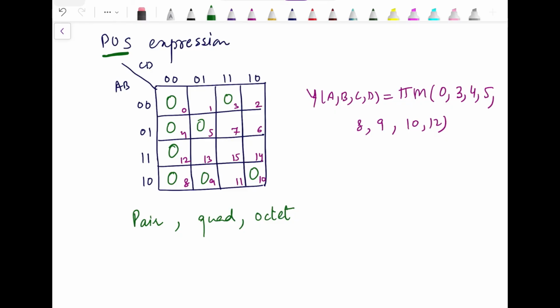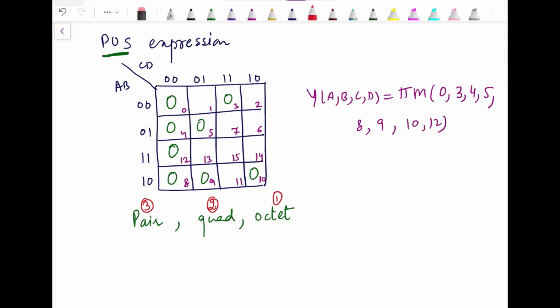If an octet is not there, then we look for the quad, and if a quad is not there, then we go for the pair. Our first priority is always making the combination with the maximum number of terms involved. So octet is the first priority, followed by quad, and pair is the last option.